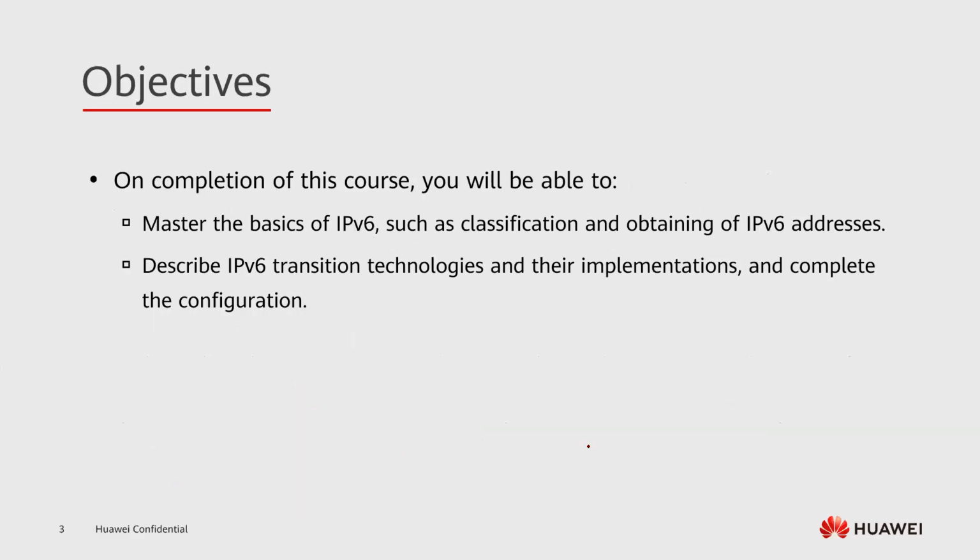Before the transition technology, we will do some basic review about IPv6, such as the address, the classification, and how to plan and assign the IPv6 address in our networks.